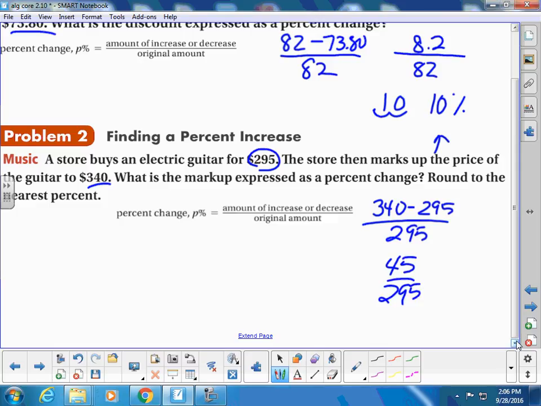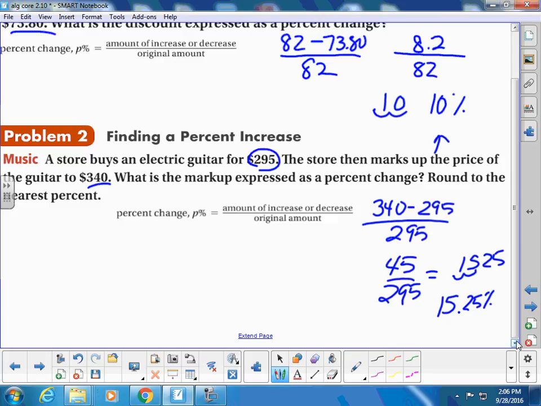When I plug that into my calculator, I get 0.1525-ish. It says percent, so I'm going to move it over 2. So 15.25% is the percent change. And is it an increase or decrease?